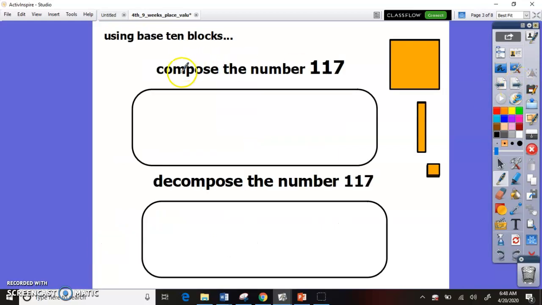Next, I'm going to compose and decompose a number. The number I'm going to be composing is 117. I'm going to use my base 10 blocks to compose that number. I have 100. There's 1 ten.